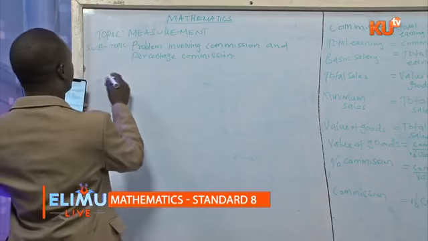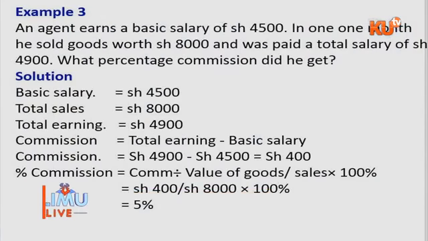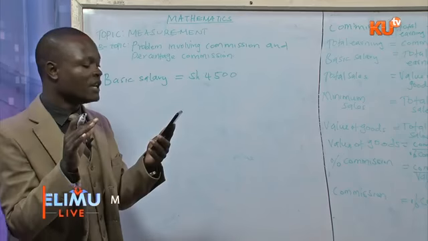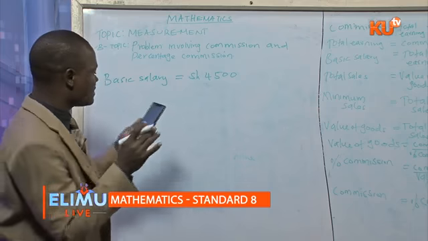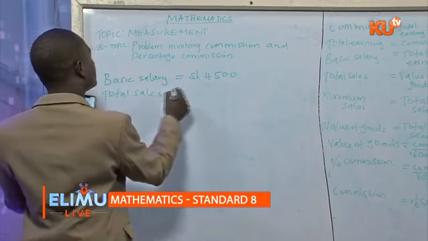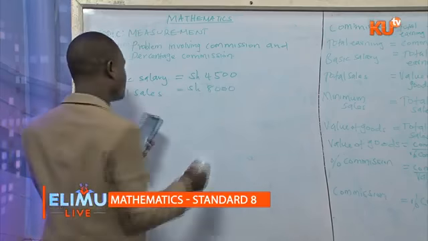An agent earns a basic salary. So you write basic salary. He earns a basic salary of 4,500 shillings. In 1 month, he sold goods worth 8,000. So that goods worth 8,000 is going to be the total sales. So we write total sales is equal to 8,000 shillings.